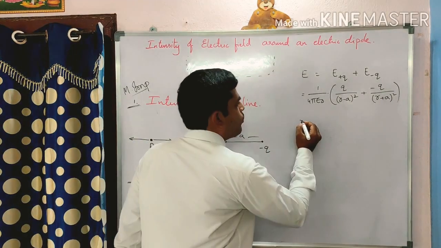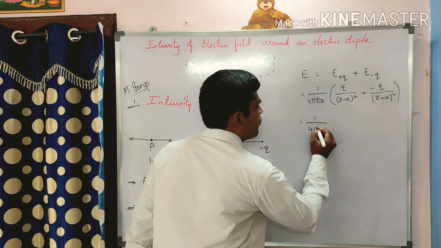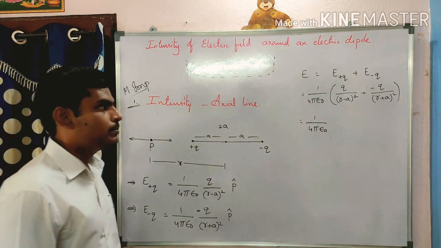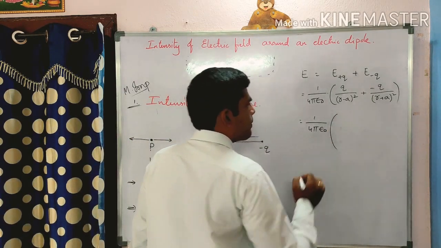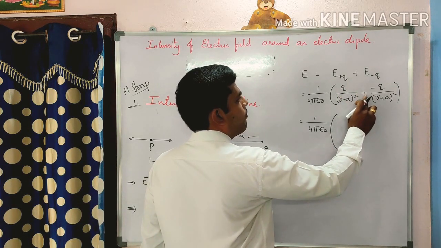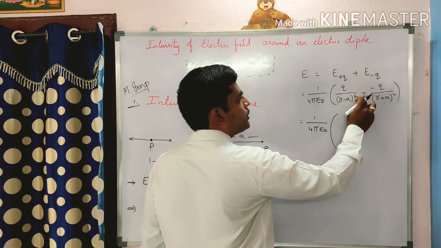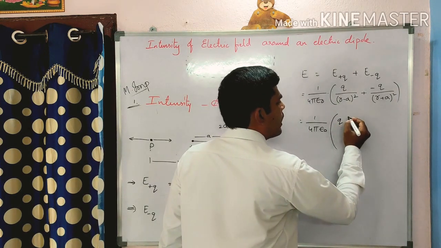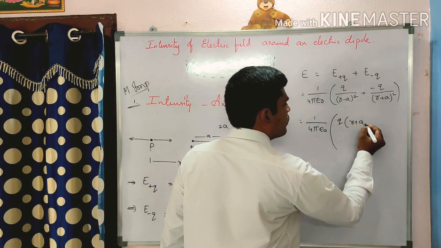Now I will write 1 by 4 pi epsilon naught, with Q kept aside, times 1 by (R minus a) whole square minus 1 by (R plus a) whole square.